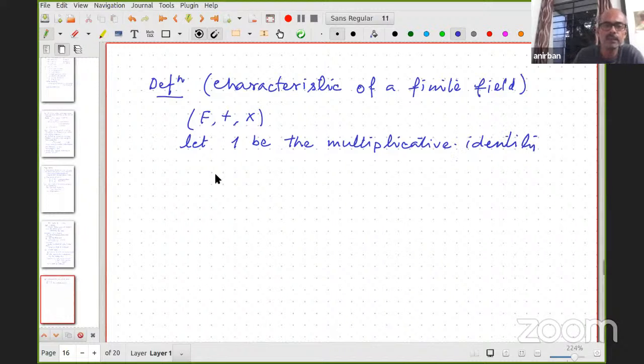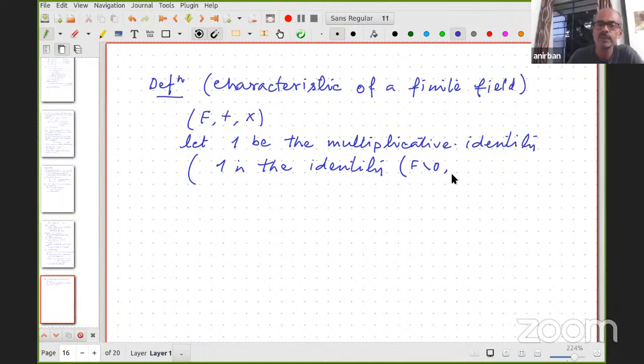So by that I mean that 0 is the additive identity, and F minus 0, that is F without the 0 element, which is the additive identity, forms a group, and the identity element of that group is written as 1.